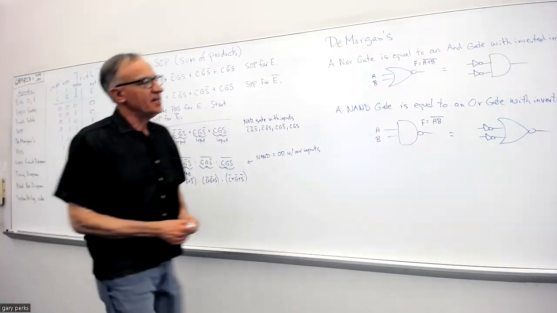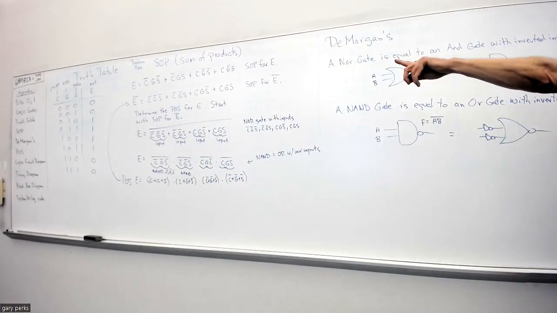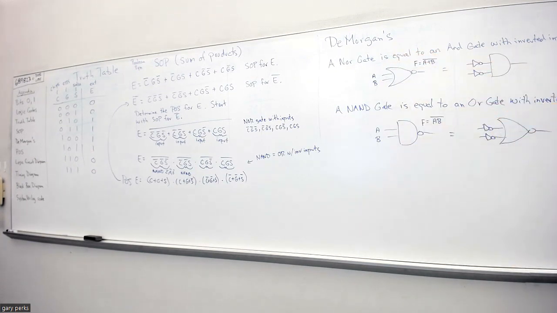Just like I wrote these inputs based on what I had in the equation for the SOP of B, I would write the inputs for this POS diagram based on that POS equation at the bottom there. So this would be like C, G, S. Is that what the first one is?